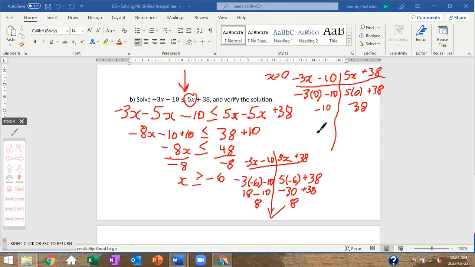Is negative 10 less than or equal to positive 38? It certainly is. So negative 10 is less than or equal to 38, which means the direction check works as well. And that's really the gist of this one.